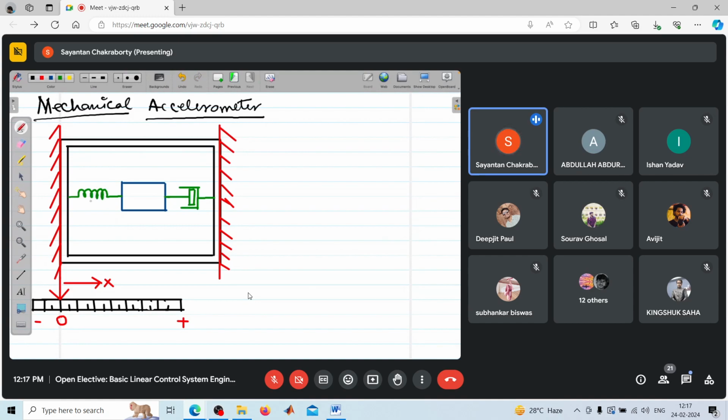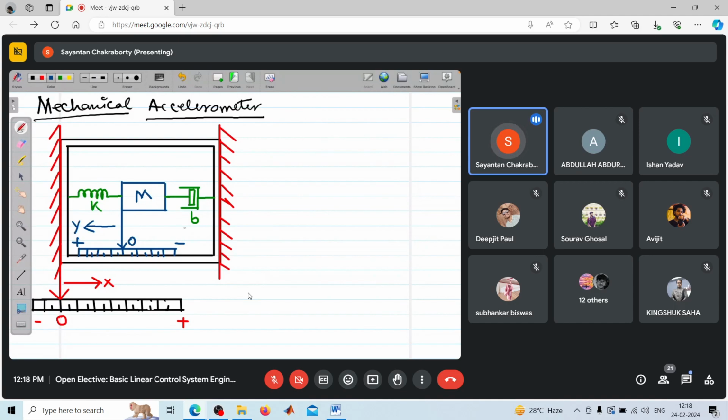Better to write this: K, say B, and this mass M. Now the displacement of this mass is measured on a scale like this, where this is your reference point and the direction is assumed such that this is the positive direction, and this is your negative direction.